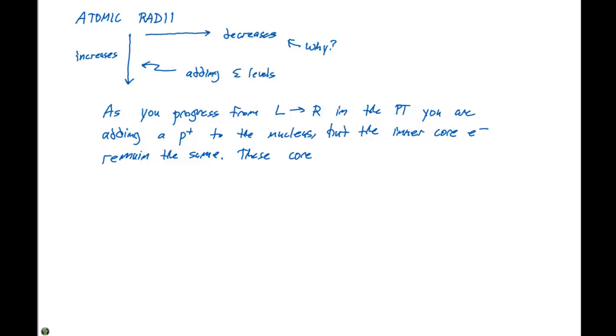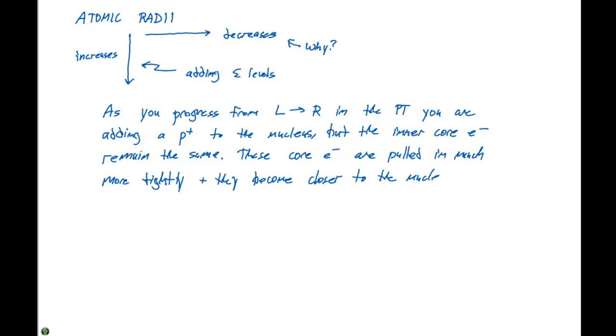These core electrons are pulled in much more tightly and they become closer to the nucleus. And we refer to this phenomenon as effective nuclear charge, or Z effective.